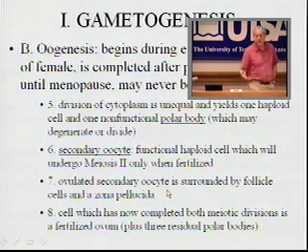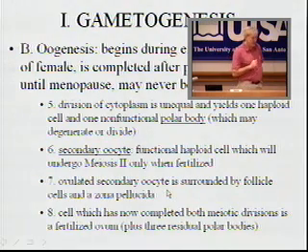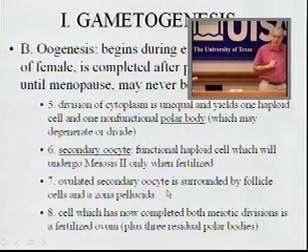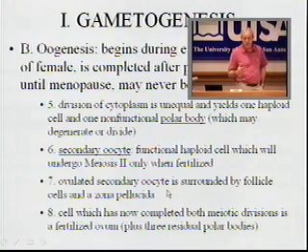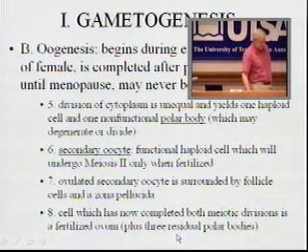But the amount of cytoplasm will differ. The polar bodies that are generated are going to have just a thin rim of cytoplasm, whereas the cell that is ultimately going to become the mature ova, more capable of that, will have the bulk of the cytoplasm.